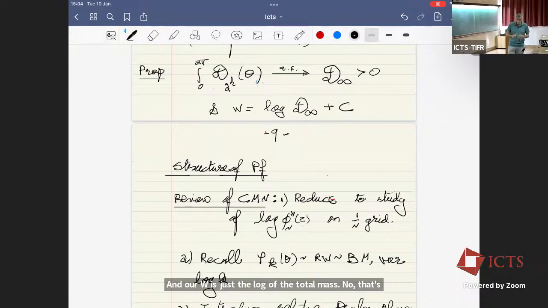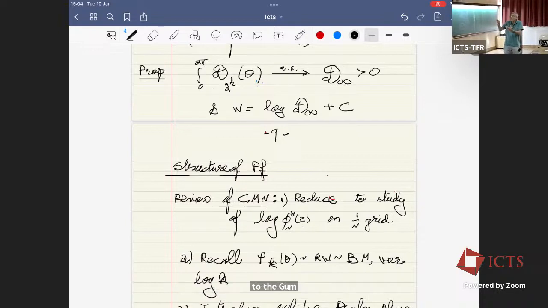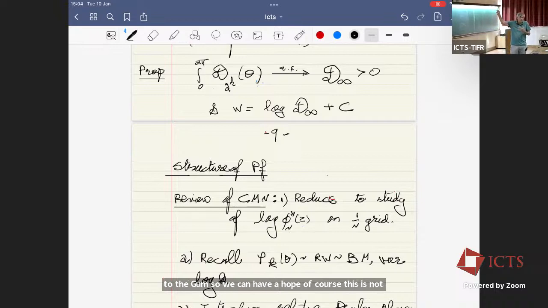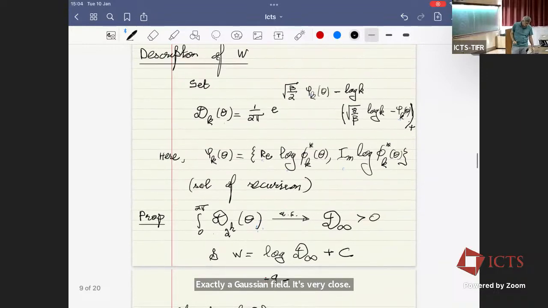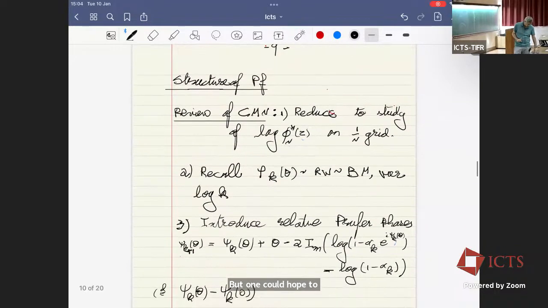Now that's very good news, because in the case of Gaussian fields, the ones with the series I discussed earlier, the total mass has been identified and is indeed related to the Gumbel, it's a log Gumbel. So we can have a hope. Of course, this is not exactly a Gaussian field, but it's very close. And so this part is at the moment conjectural, but one could hope to eventually close.